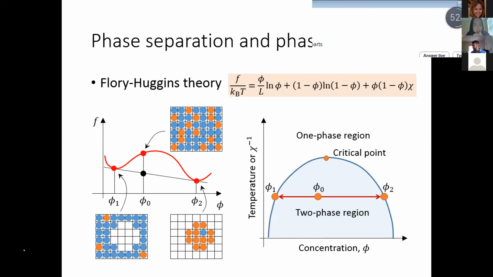You can mix together blends of different types of polymers with different interactions, and they will phase separate into all sorts of interesting structures that you can use for manufacturing plastics or for designing materials with certain properties. So there's definitely a huge set of industrial applications for phase separation, especially with polymers in particular.